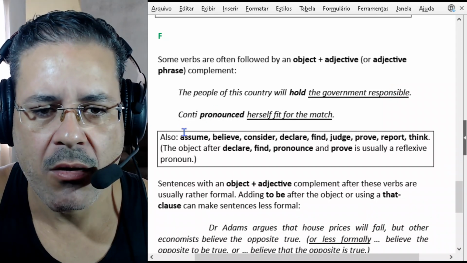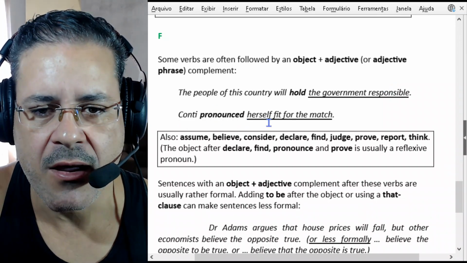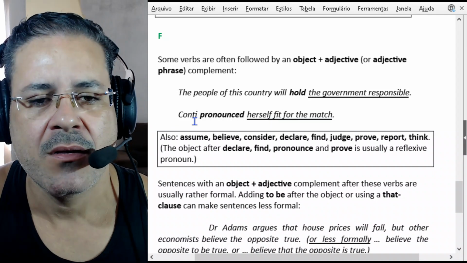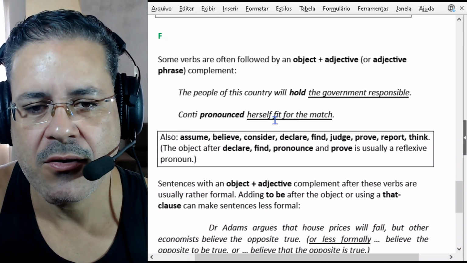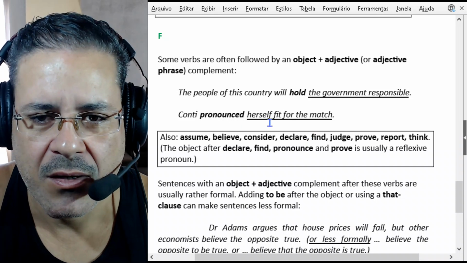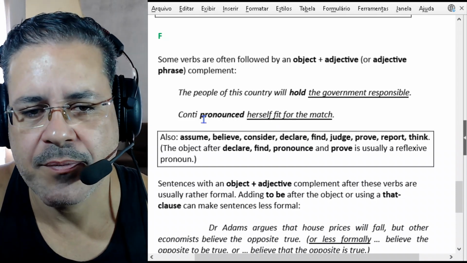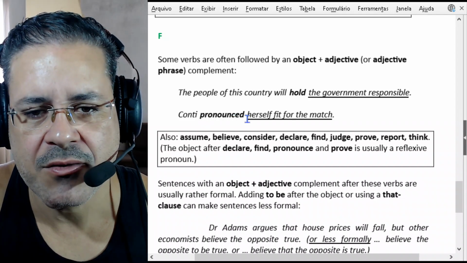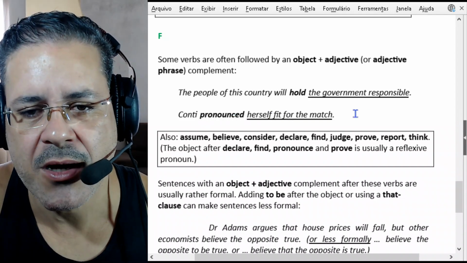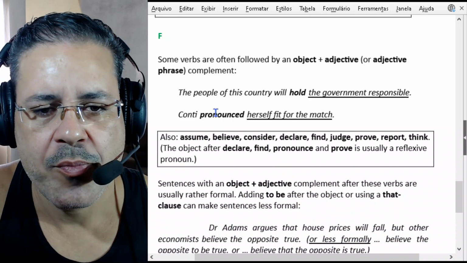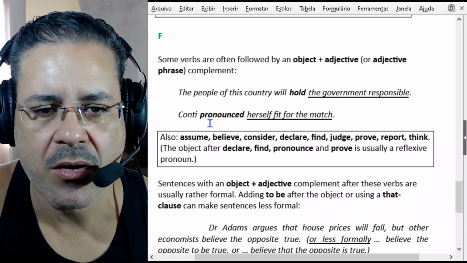Another example, Conti pronounced herself fit for the match. Conti pronounced herself what? It needs an object followed by an adjective. Conti pronounced herself fit for the match. Who pronounced herself fit for the match? Conti.